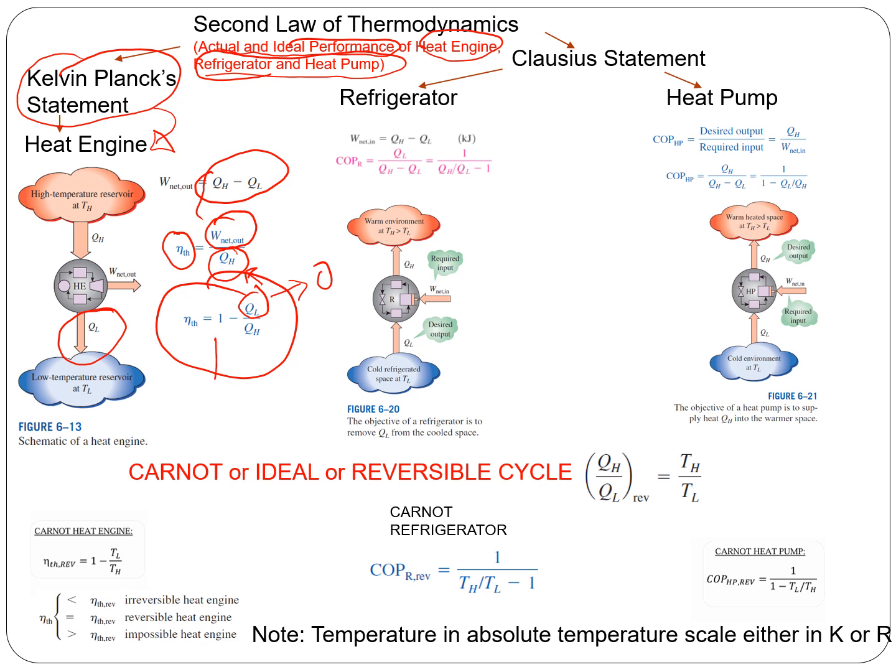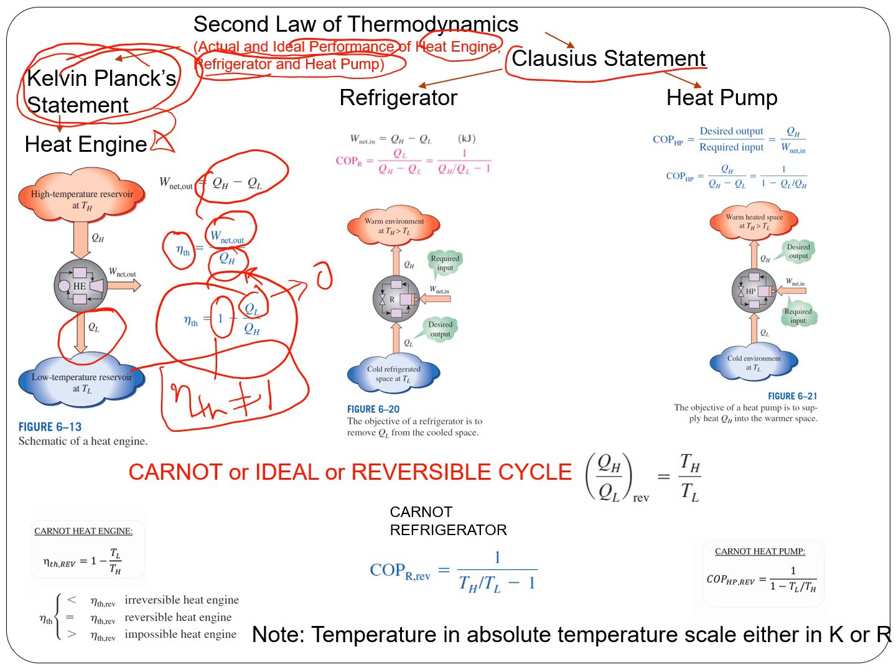Which means you can never get thermal efficiency equal to 1 or 100%, so it's impossible. That's what the Kelvin Planck statement is. You can never get a thermal efficiency of 100%. Otherwise, it would not obey the Kelvin Planck statement. So that's about the Kelvin Planck statement and how you find the thermal efficiency.